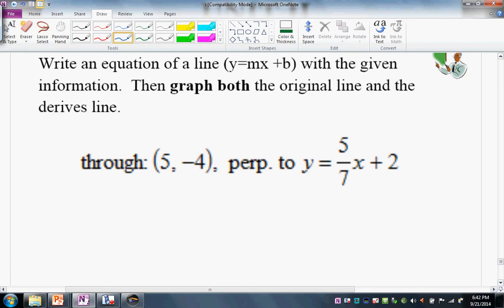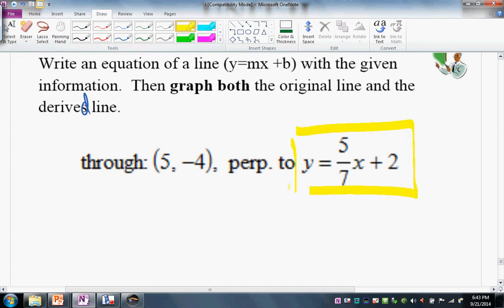Here's another common question. It says, write an equation of a line with the given information. Then graph both the original line and the derived line. Okay, so we have what's called our given line here.